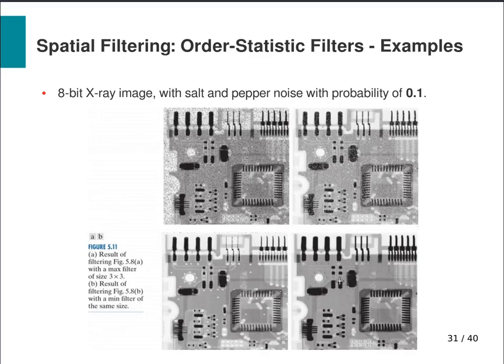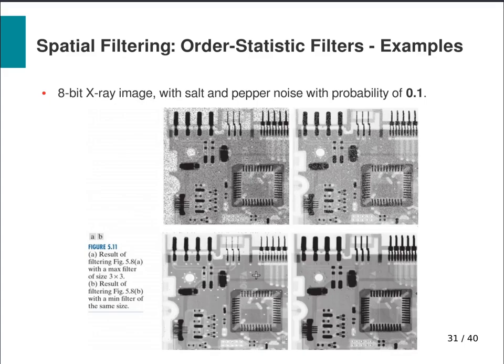And on the bottom left we see the result of filtering with a max filter of size 3 by 3 and the result of filtering with a min filter of size 3 by 3. So as you can see, they are good at eliminating either salt or pepper noise, but not both, and also they ended up smoothing or narrowing some of the boundaries or the sharp edges of the image too.